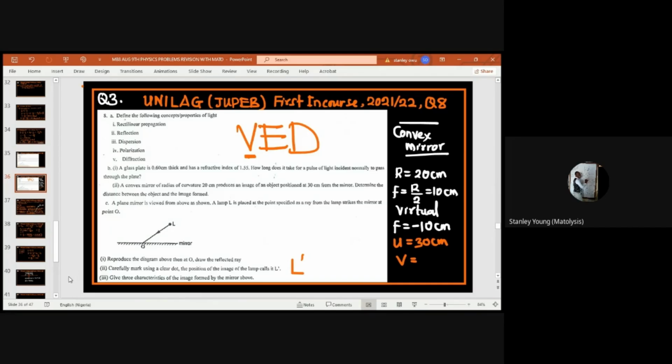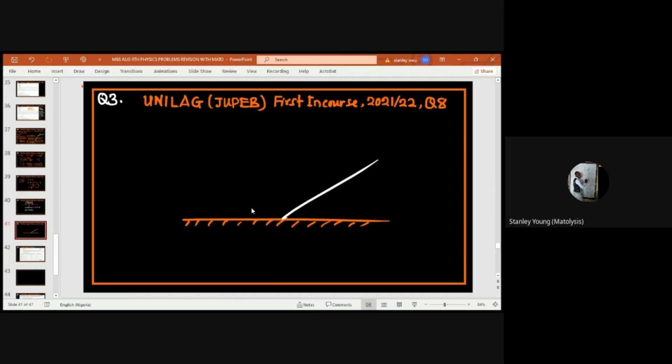Okay, let's quickly do that. Let this line here be the mirror, and what we have here is the line representing the ray from the lamp. So this is the position of the lamp here.